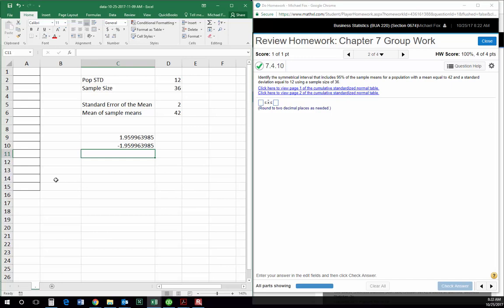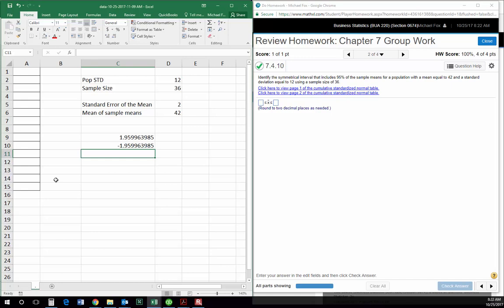So now what we have to do is use the formula. This is formula 7.4 on page 307 in your book for finding the z-score of a sample mean. But because we know the z-score we need, and because we know the mean of the sample means and the standard error of the mean, we're going to be solving instead for the sample mean at the upper limit and the sample mean at the lower limit.